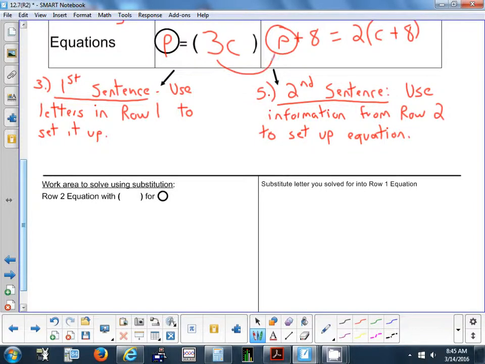All right? I'm taking this, plugging it in for P. Whenever a letter is circled here, I'm taking the information in the parentheses and plugging it in for that letter in the other equation. So my new equation is going to be 3C plus 8 equals 2C plus 8.